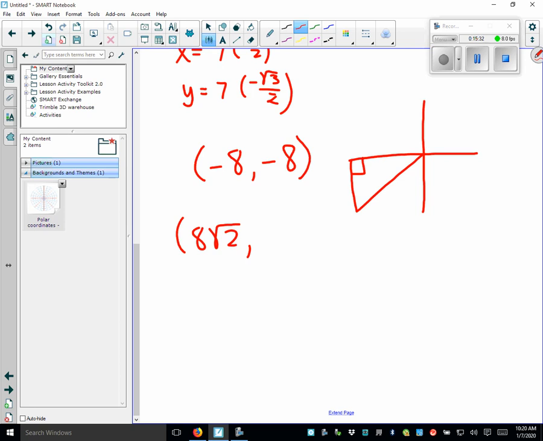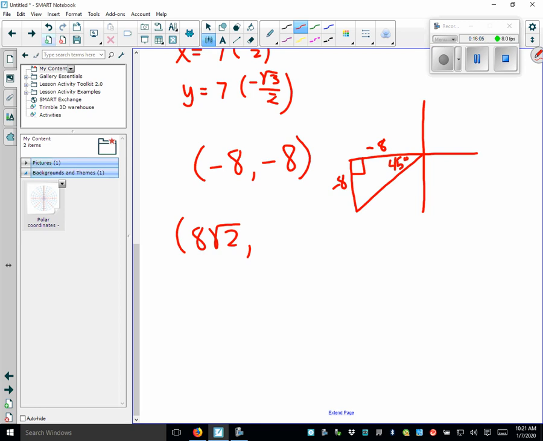All right. Guys, doesn't that mean this is negative 8 and this is negative 8? So 45 degrees. So this angle is 45 degrees, right? Yes. So then 135. No. What is my angle? 5 pi over 4. What is it in degrees? 225.